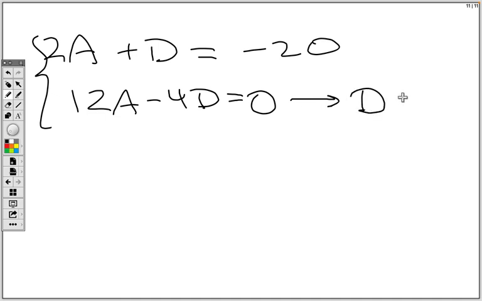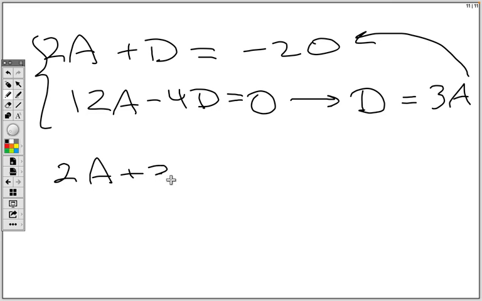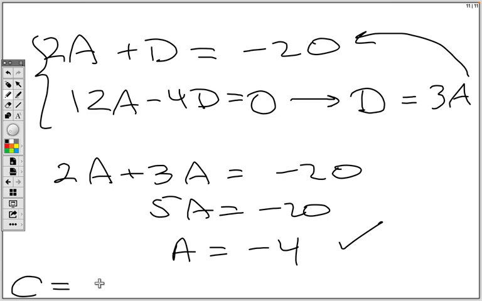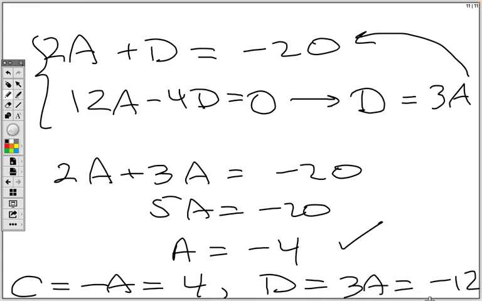I can get d here pretty quickly. d is going to be what in terms of a? 3a. So I can plug that into there. So 5a is minus 20. So a is minus 4. c is the opposite of a, so c is going to be 4. d is 3a, so d is going to be minus 12.